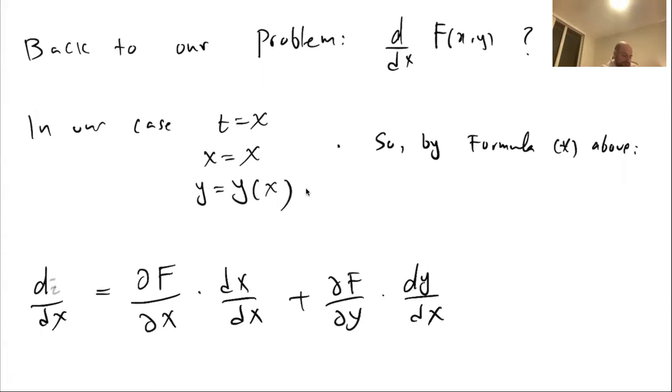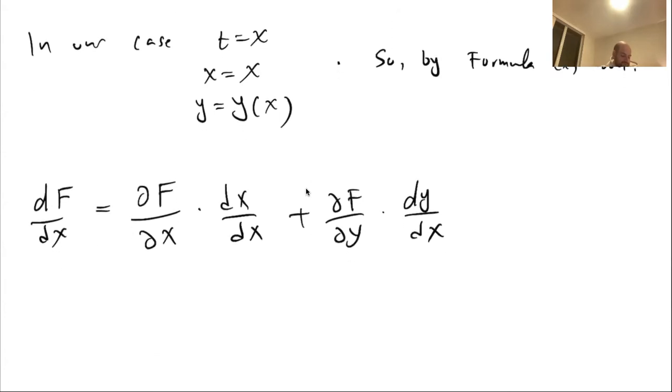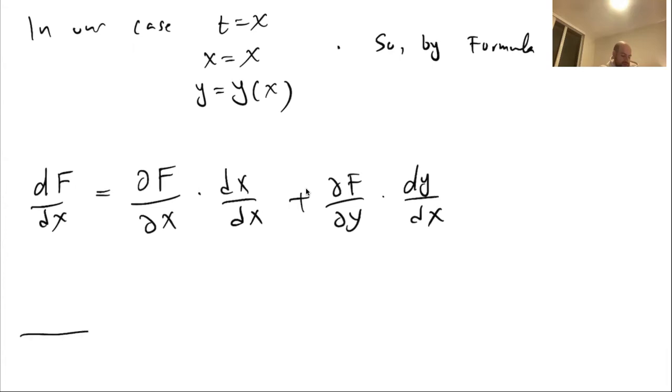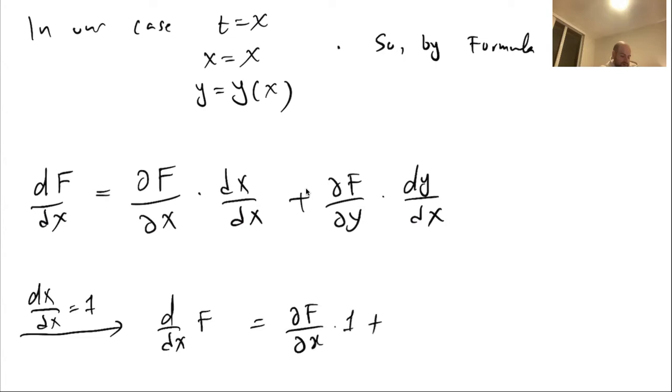And my z is capital F here. And dx/dx is 1. So I can say d/dx of capital F is equal to dF/dx times 1 plus dF/dy times dy/dx.